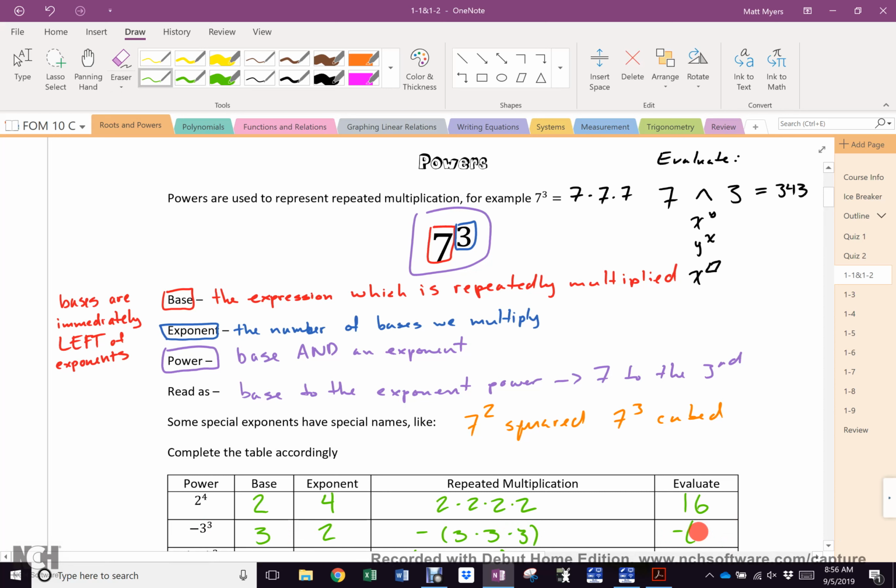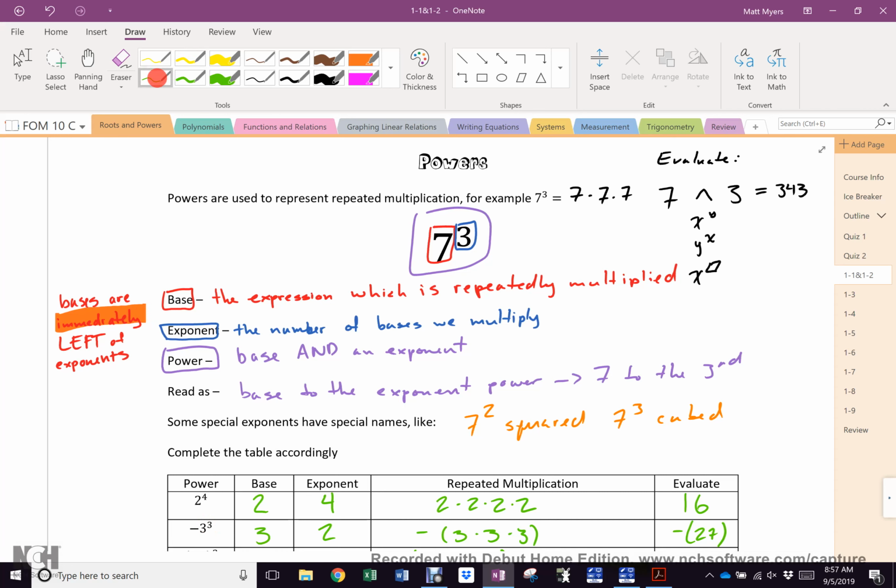Did anybody do that? You don't need to put your hand up. You just know if you did or not. Why is this a 3 and not negative 3? Jazz, read. The negative 3 isn't in brackets. And the base is what is immediately left of the exponent. So because there's no brackets, that 3 is the base.